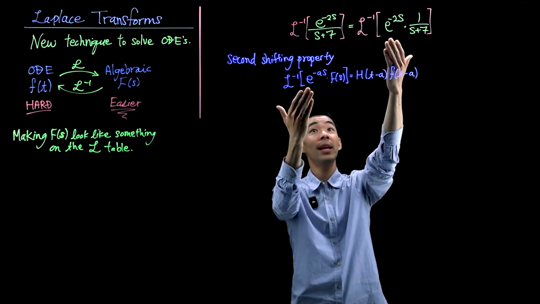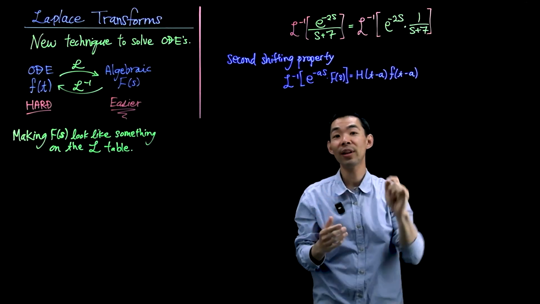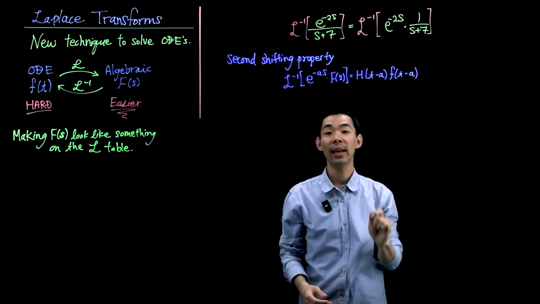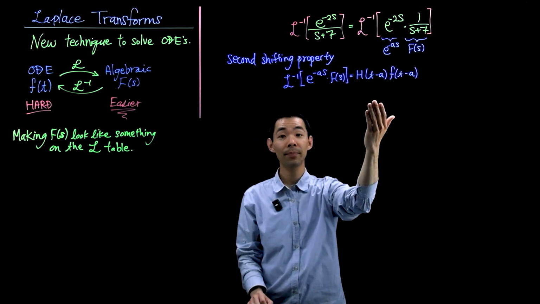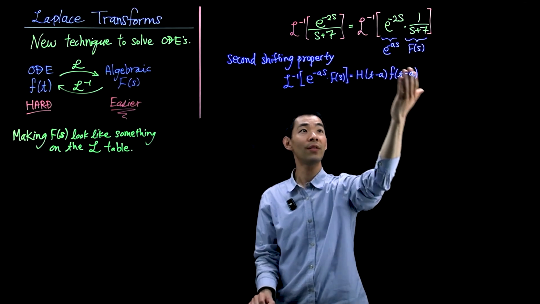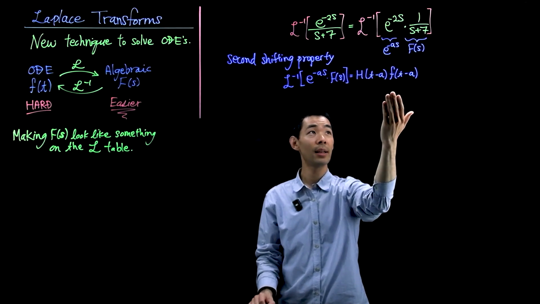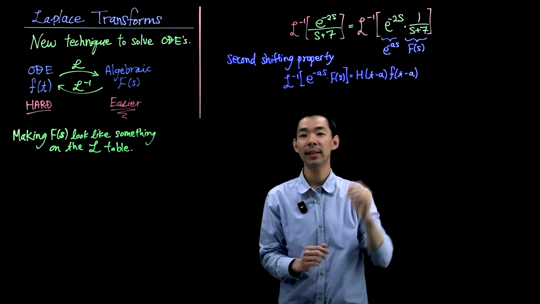So we have e to the negative some constant times s times a function, capital F of s, hanging outside. Just like that. So now you can see the mapping of the inverse we want to take with the second shifting property. So we're almost done, but we need to be very careful with the time delay, t minus a.